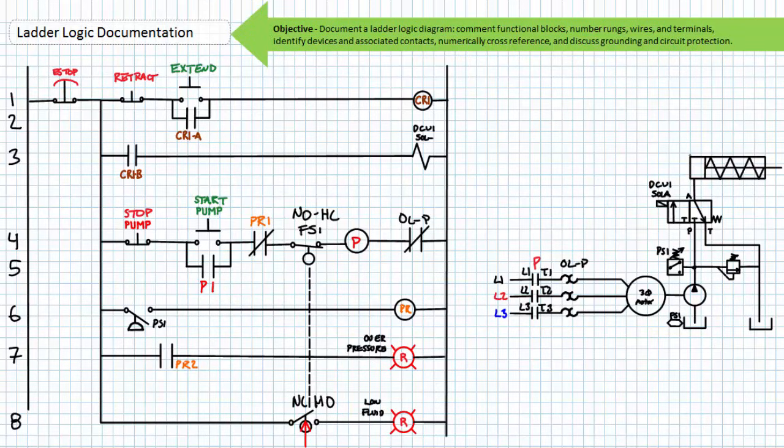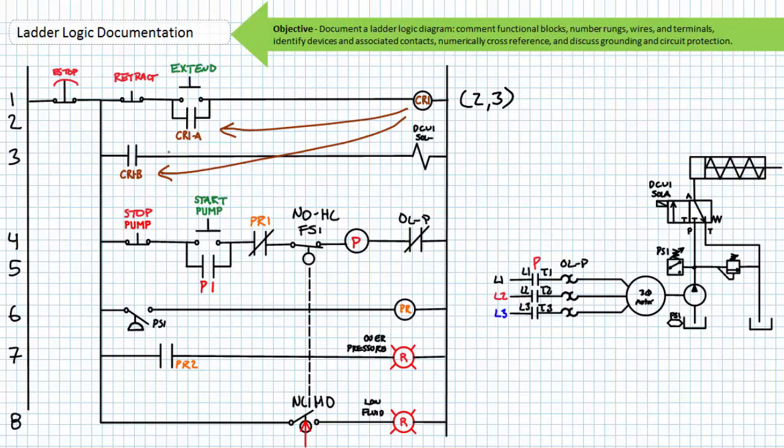For example, the coil of control relay CR1 in rung 1 affects the state of CR1A in rung 2 and CR1B in rung 3. Numerical cross-referencing for coils and associated contacts appear in parentheses on the right-hand side.